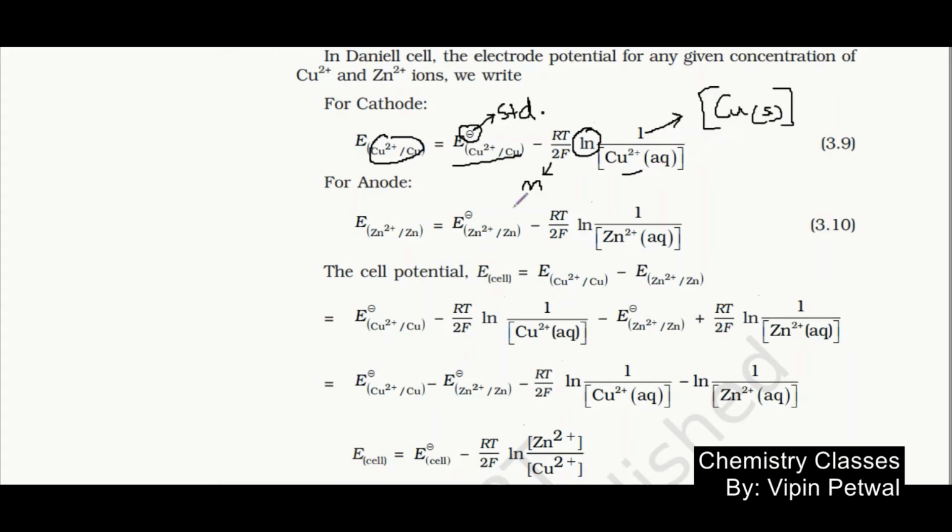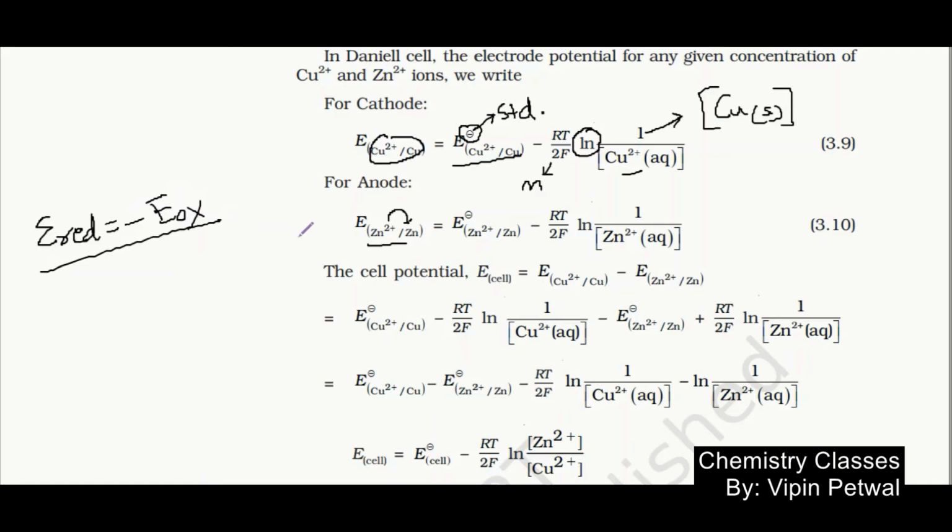Okay, now for the anode, in the same way we will write the electrode potential, I mean the reduction potential. Although zinc is undergoing oxidation, as I told you, conventionally we only use reduction potential. I told you that E reduction equals minus E oxidation.